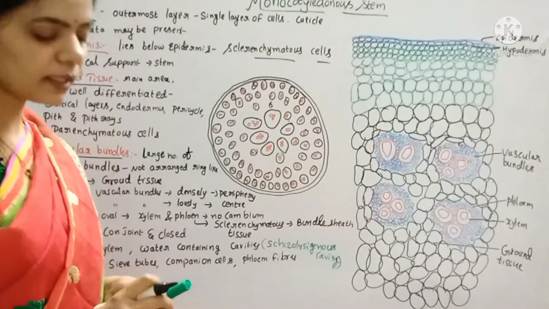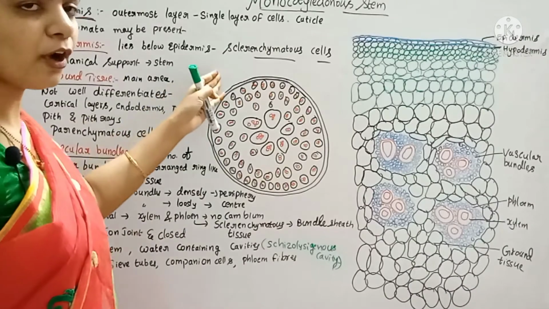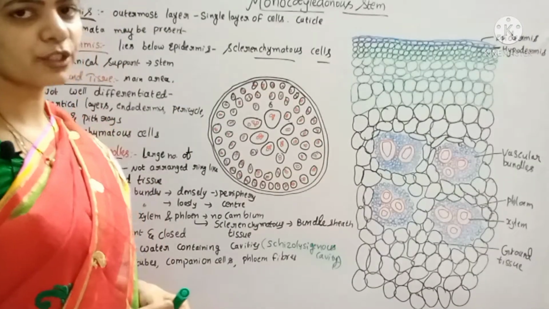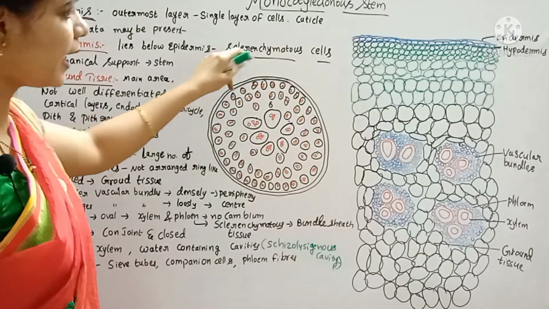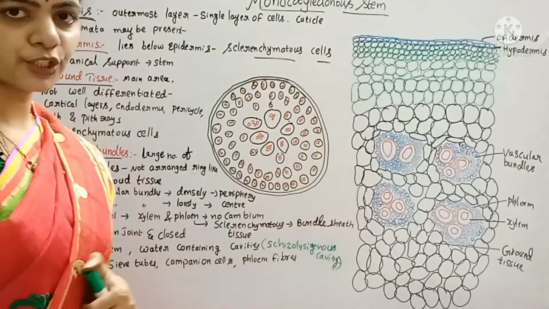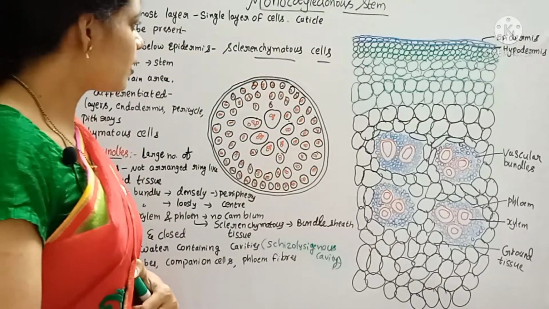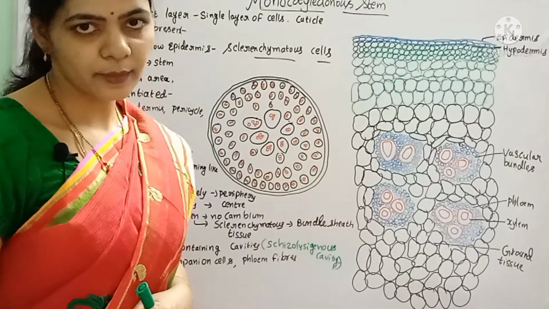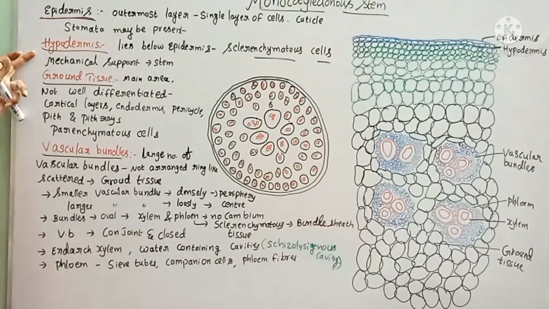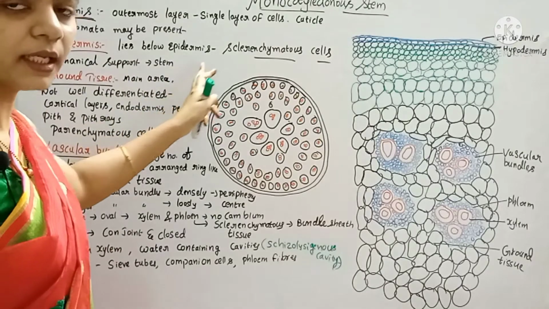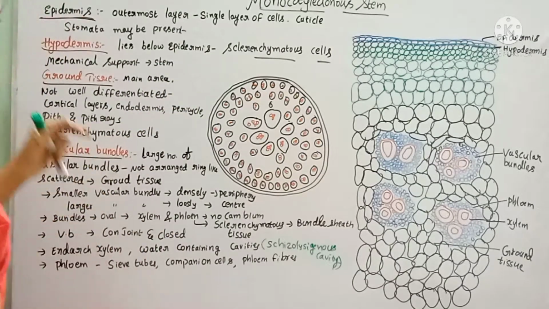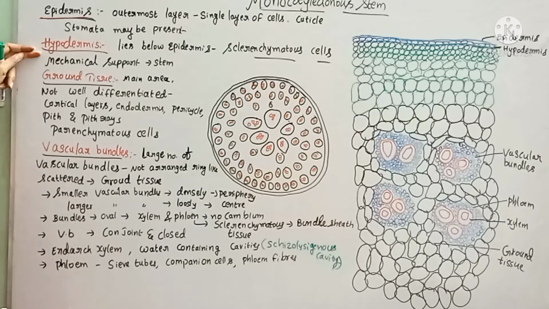As we have seen in dicots, it is made up of collenchymatous tissue, but in monocots the hypodermis is made up of sclerenchymatous tissue. Because of this thick-walled sclerenchymatous tissue, the hypodermis provides mechanical support for the stem in the monocots. And the next layer present below the hypodermis is ground tissue.